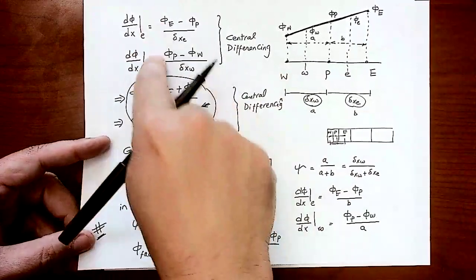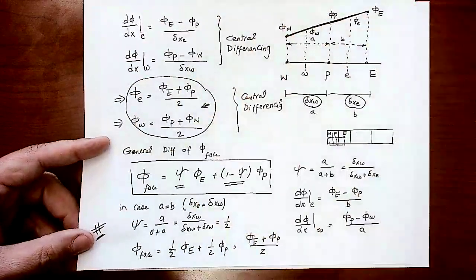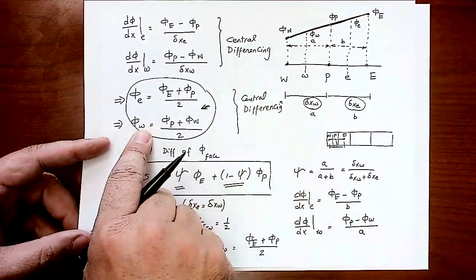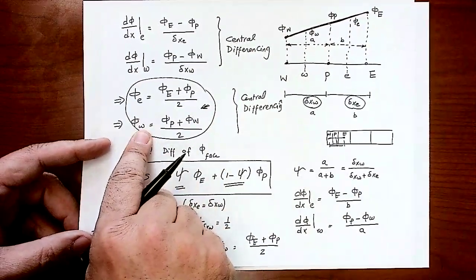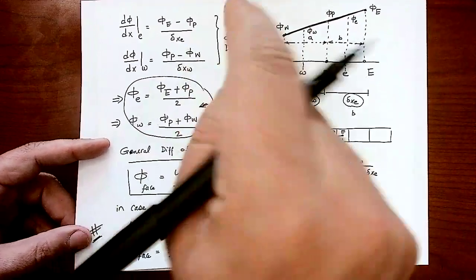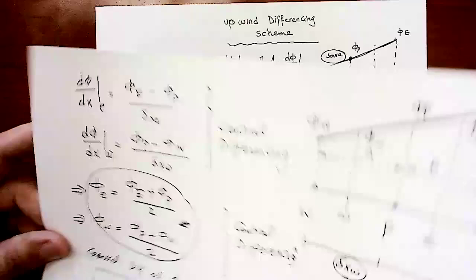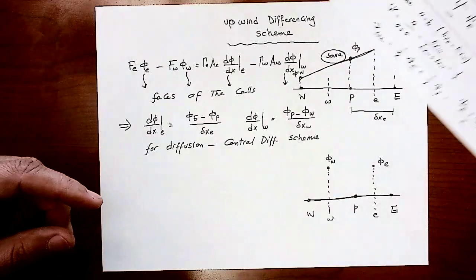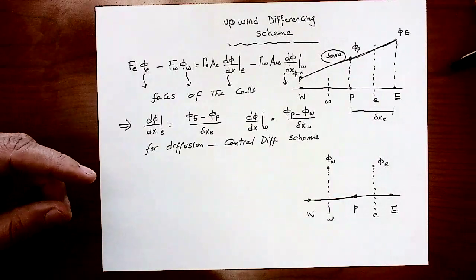Diffusion is not related to the flow direction, but the convection is the one supposed to tell you your flow direction. You cannot tell when you use the central difference scheme. The upwind differencing scheme actually can tell you the flow direction. How? That's what we're going to explain in a second.